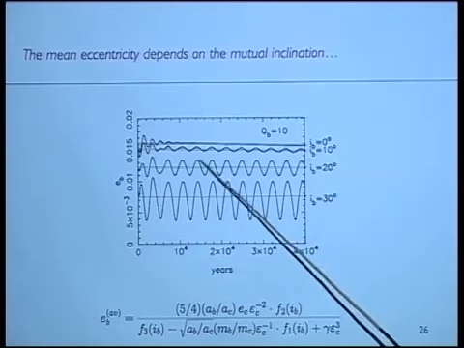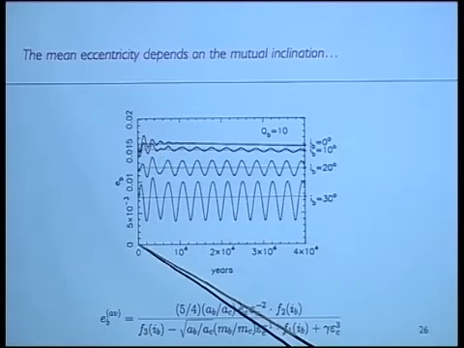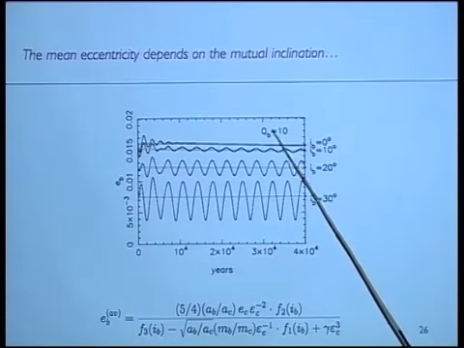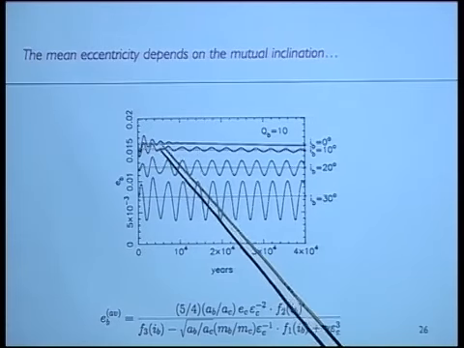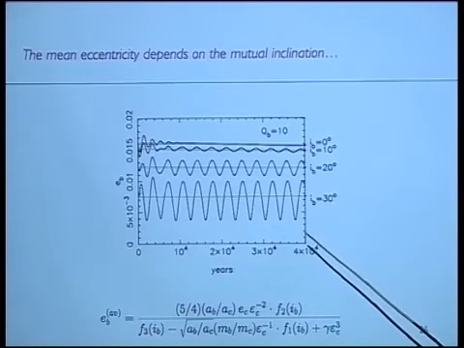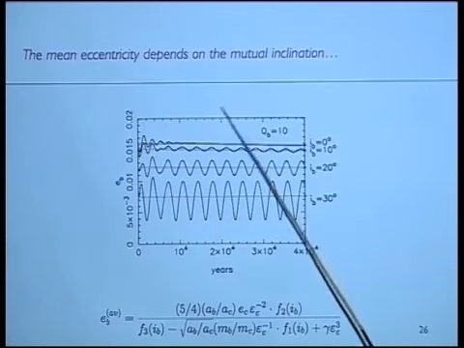So what have I got here? This is a series of models. We've got the inner eccentricity versus time. Again, I've used an extreme Q value to get it to settle down. You can show that it will settle down to almost the same value if you have realistic Q values.